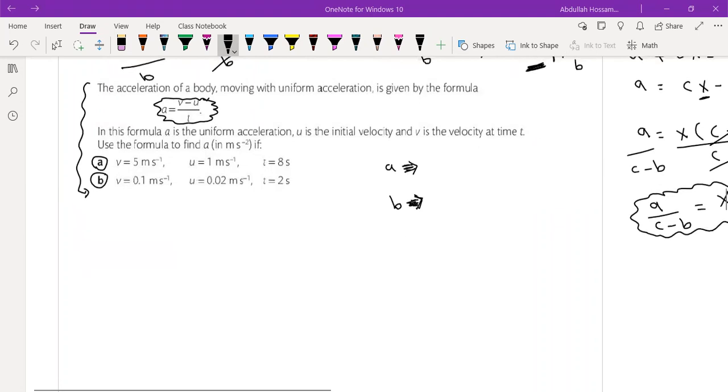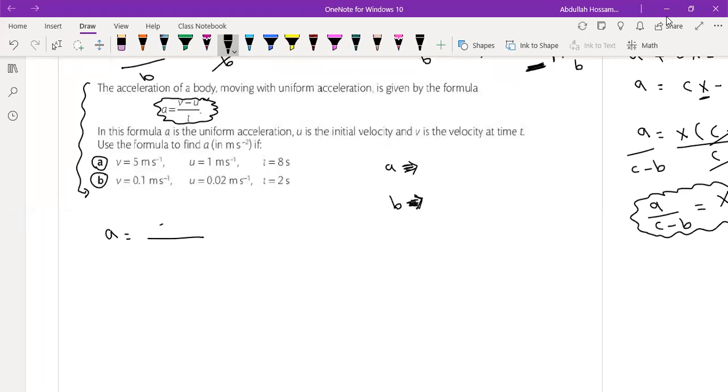Okay, guys. Here easy. Hazim Ahmed, correct. And here we said in A, we just substitute.